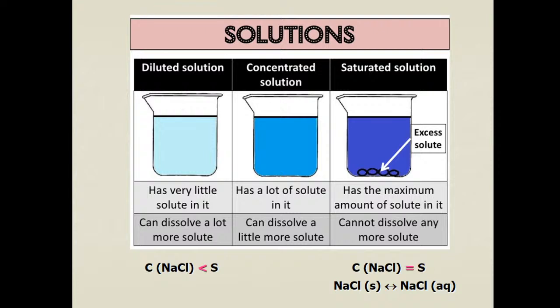Again, diluted, concentrated, more solute can be dissolved. That means the concentration of the substance dissolved, for example sodium chloride, is less than the solubility value. For a saturated solution, the concentration of substance dissolved equals solubility. They are always in equilibrium.